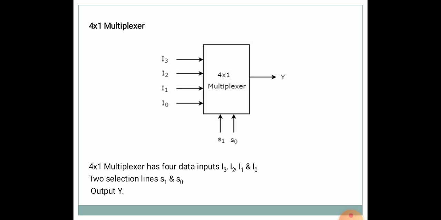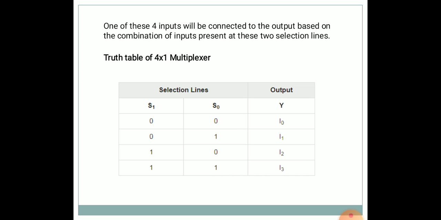So the input lines for this multiplexer are I0, I1, I2 and I3, and the two selection lines are S1 and S0. The output given by the multiplexer is Y. Now to obtain Y, one of these 4 inputs will be connected to the output based on the combination of inputs present at these two selection lines.